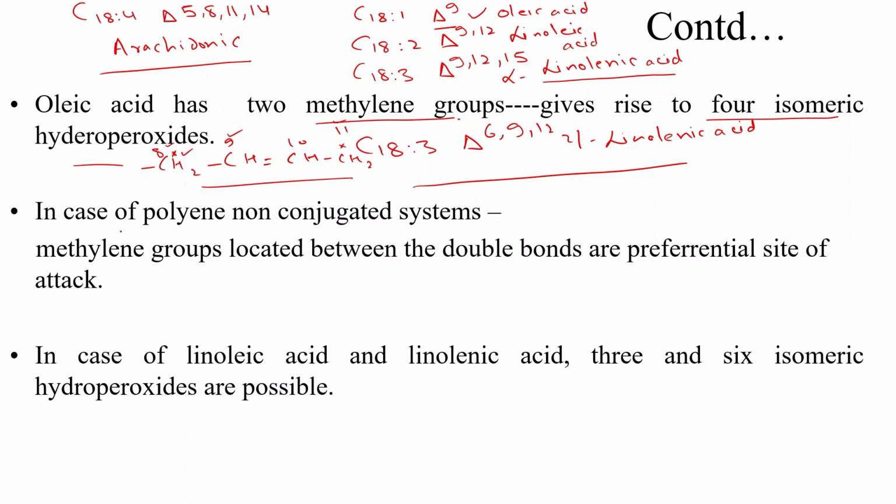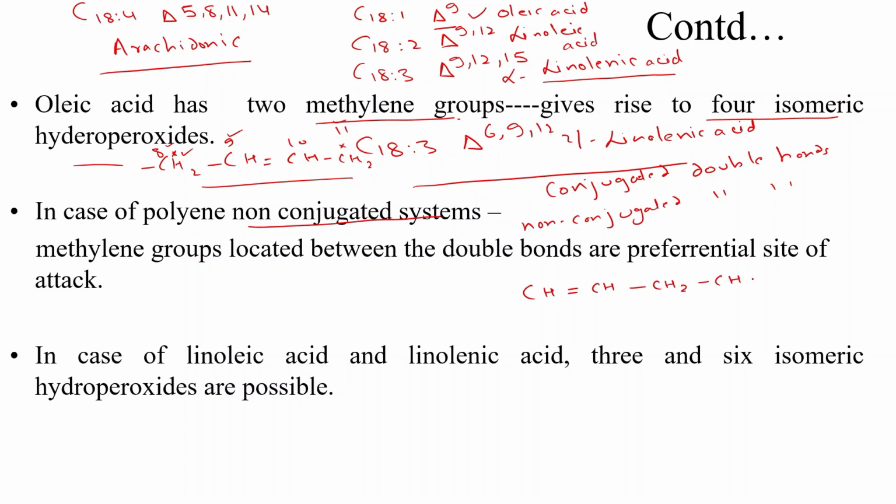In the case of polyunsaturated non-conjugated systems, what is the difference between conjugated and non-conjugated double bonds? Non-conjugated means there is a double bond, then a methylene group, and then another double bond.